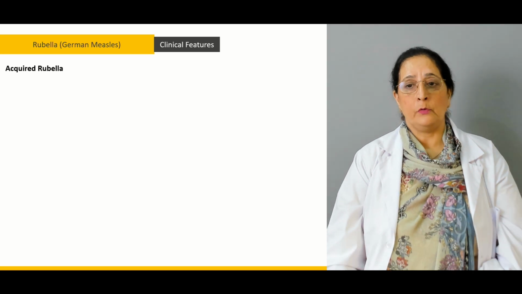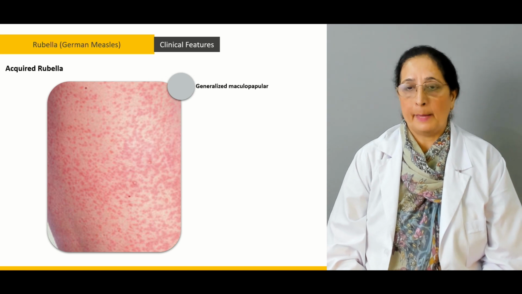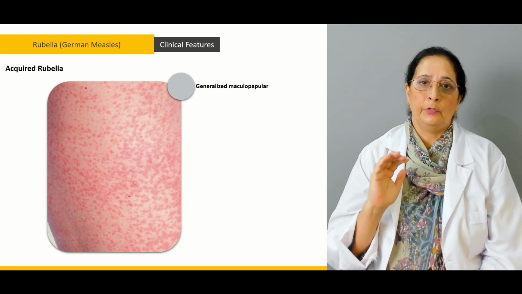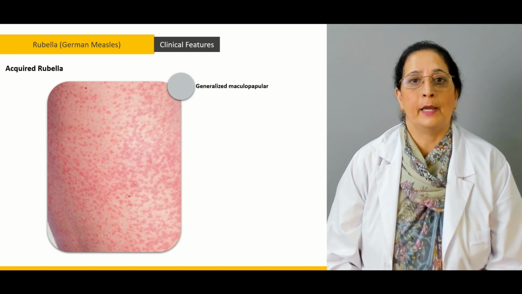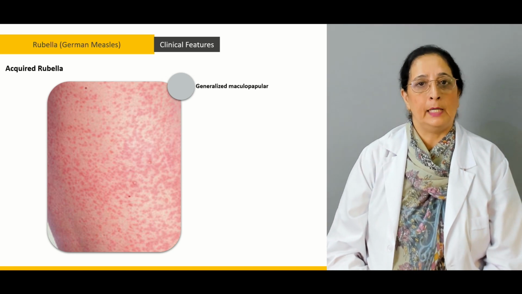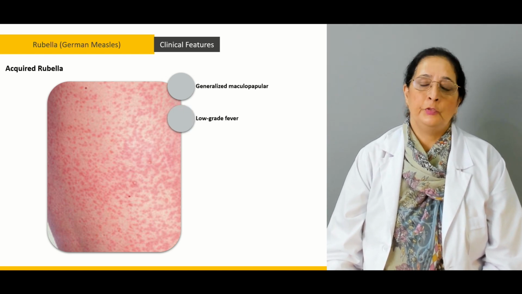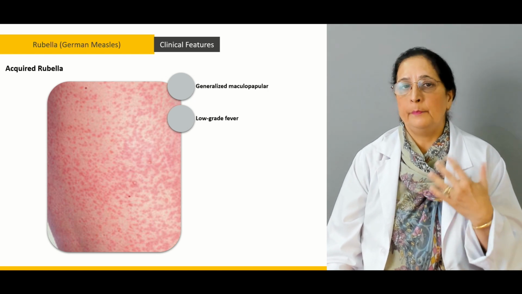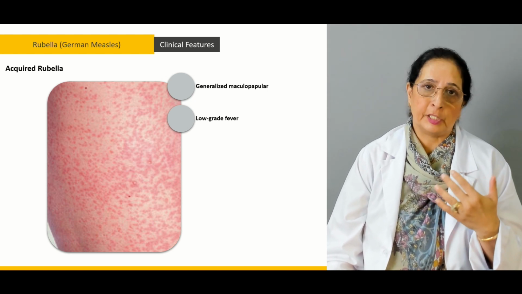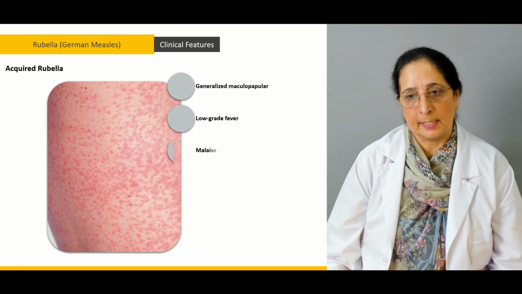So acquired rubella presents with a maculopapular rash, and make sure you know that it's a generalized maculopapular rash in rubella infection. Then patients usually have low-grade fever. Fever is commonly present in all different infections, so in this case also low-grade fever is present.